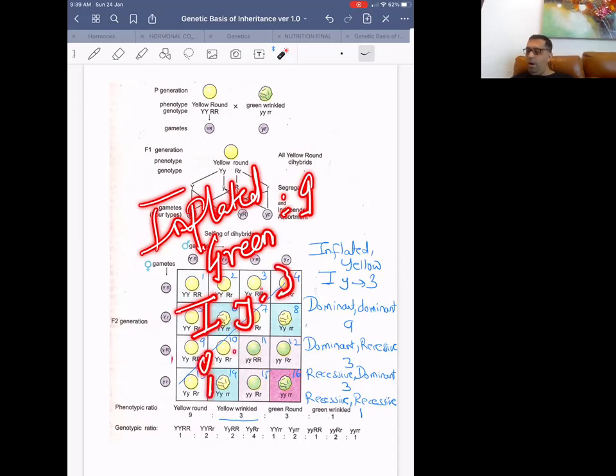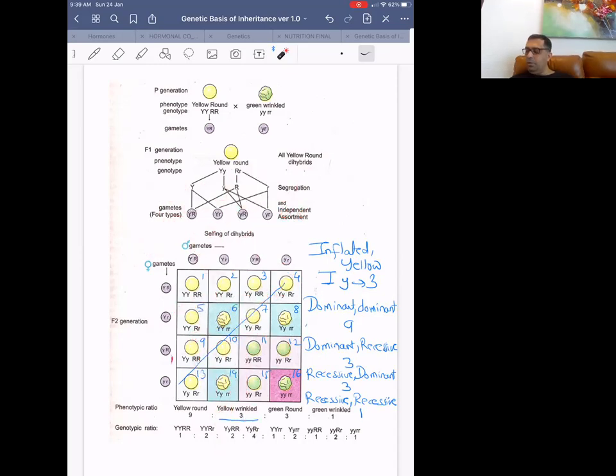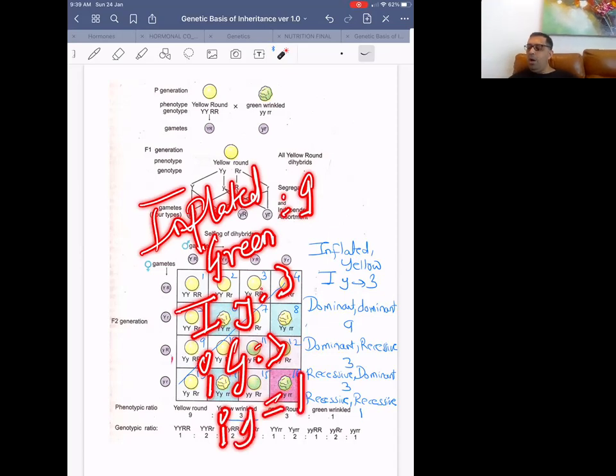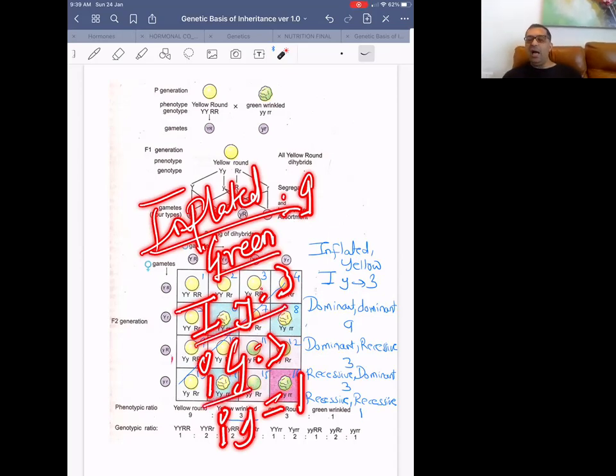Constricted green pod will be 3. And constricted yellow pod will be 1. तो dominant कितना आएगा? 9. Dominant recessive कितना आएगा? 3. Recessive dominant कितना आएगा? 3. और recessive कितना आएगा? 1.